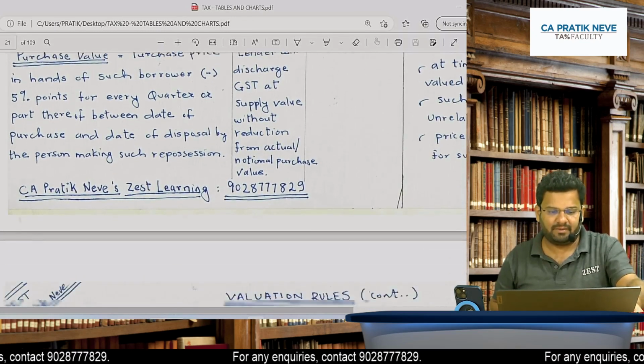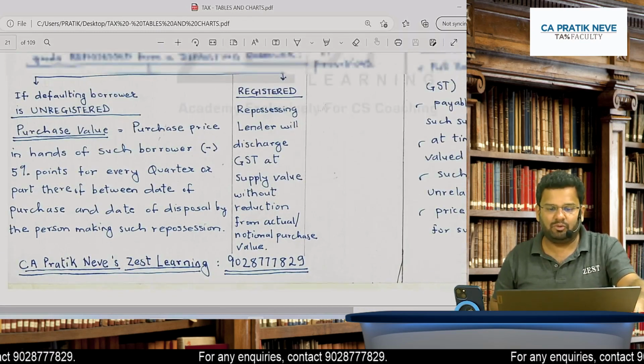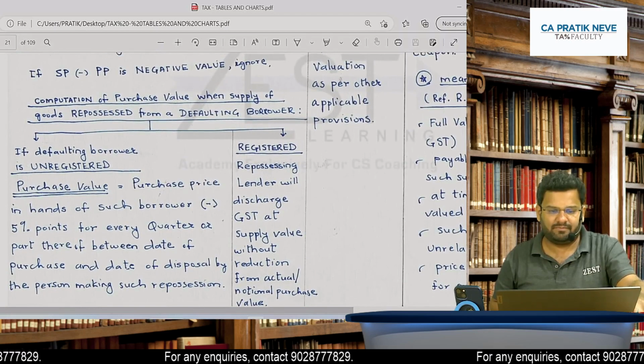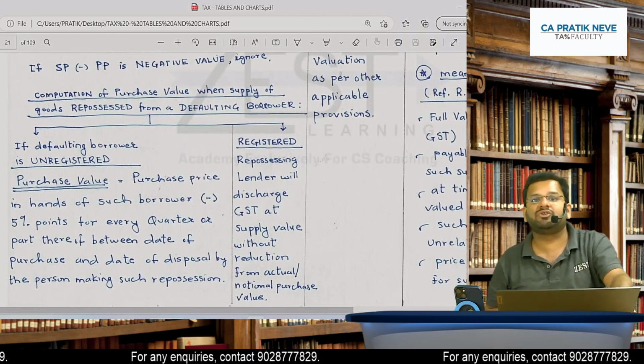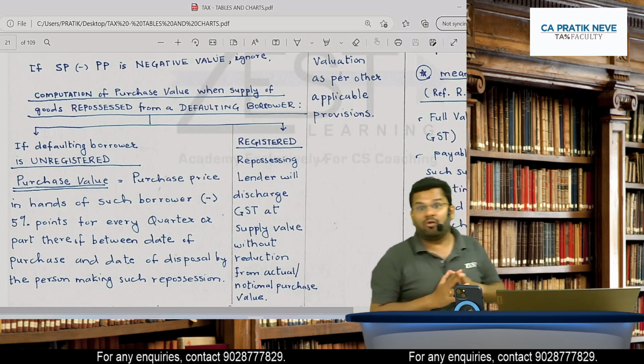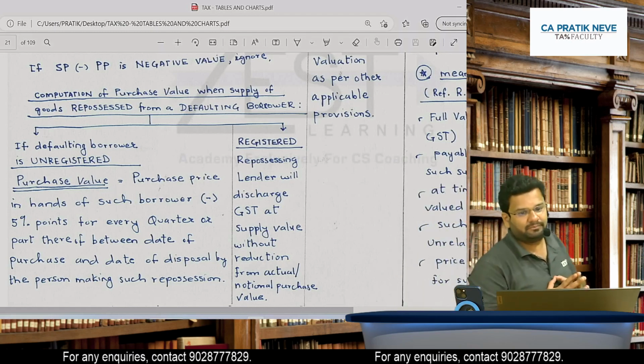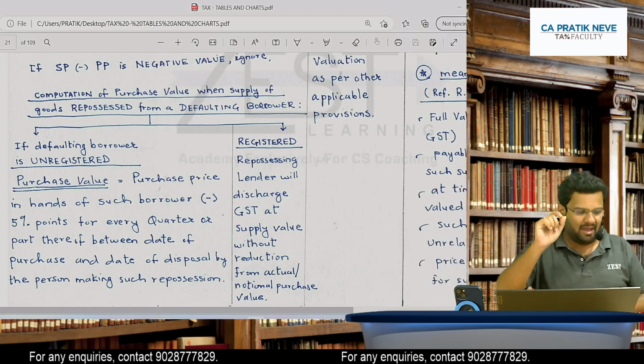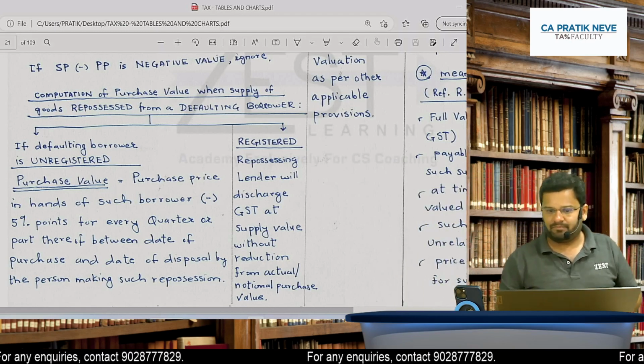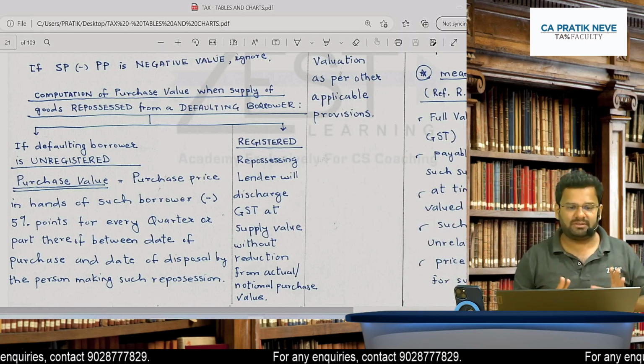Friends, I will give you 2 minutes. Read this point, which you see on your screen, of repossessed goods. I'll just have a sip of water and come. You just go through this.